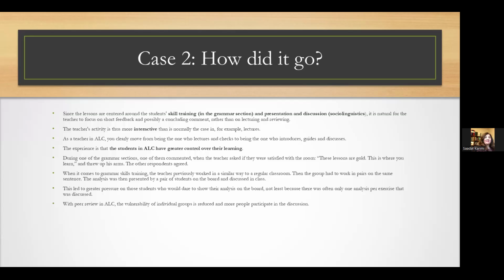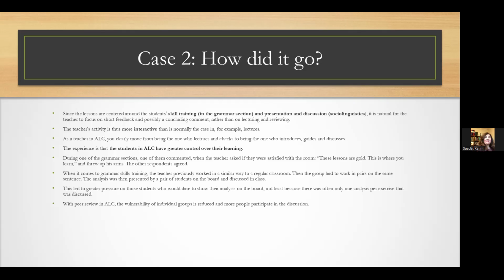The teacher's activity is thus more interactive than is normally the case in, for example, lectures. As a teacher in ALC, you clearly move from being the one who lectures and checks to being the one who introduces, guides, and discusses.